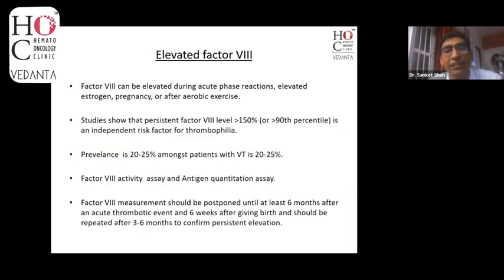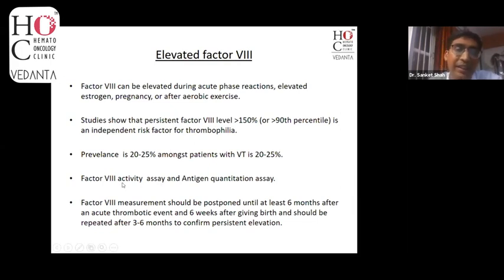The third is elevated factor VIII level. Factor VIII can be elevated during acute phase reaction, elevated estrogen levels, pregnancy, or even after aerobic exercise. But this is usually transient and gradually it comes back to normal. However, when the level is more than 150% of normal, it is an independent risk factor for thrombophilia. Its prevalence is considered to be 20 to 25% among patients with VT. A factor VIII activity assay is available.